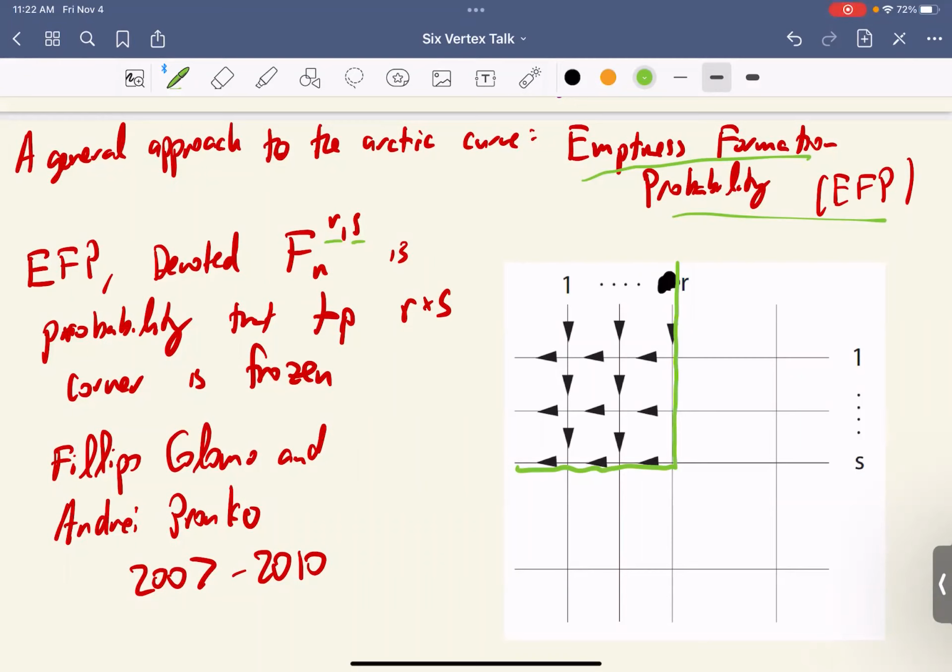So this probability should be 1 if you're in the frozen region. It should be 0 if you're venturing out of the frozen region. And this was studied by Filippo Colomo and Andrei Pronko in a series of papers, 2007 to 2010 and beyond, probably. They did lots of work on this.